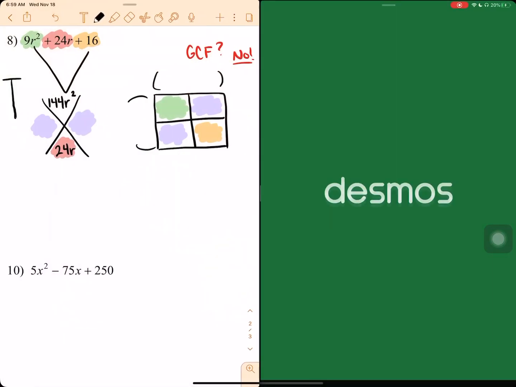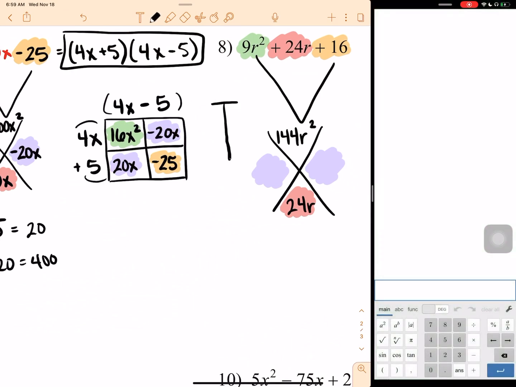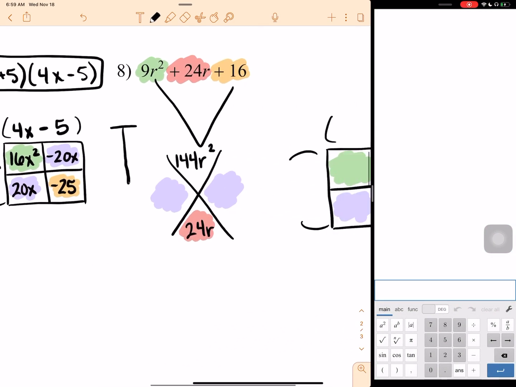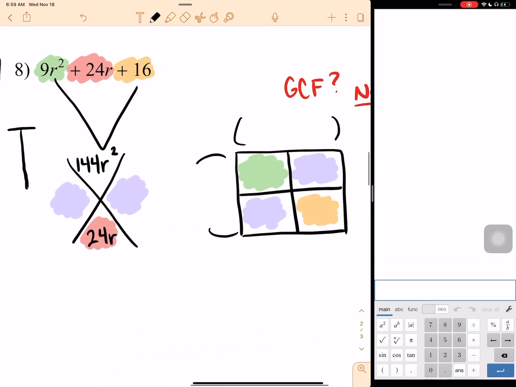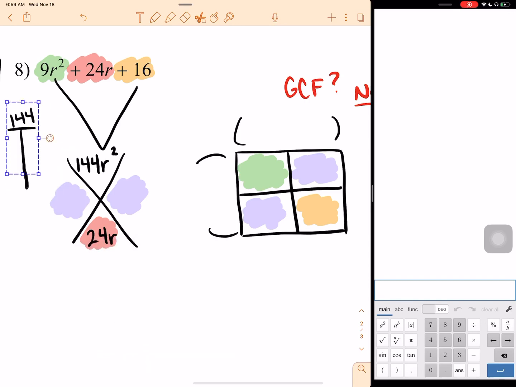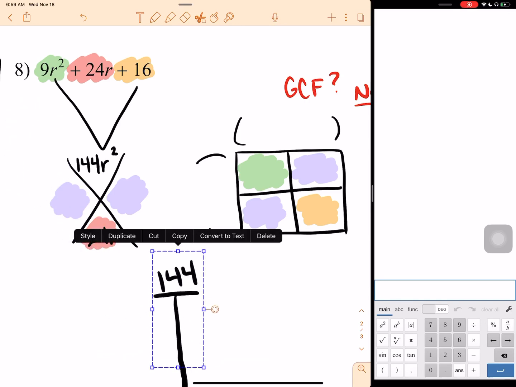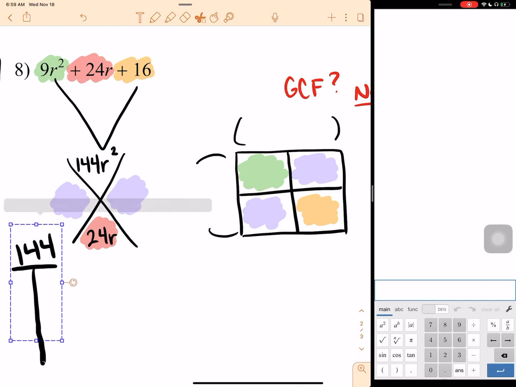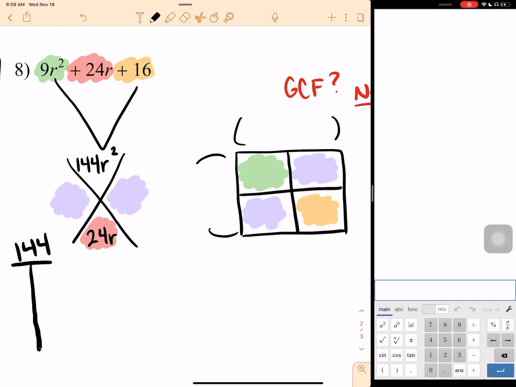So if I were to have my little Desmos calculator here, there we go. So my factors of 144, I'll bring it down here and make it a little bit bigger. Hold on, guys. I realize I'm going to need more room than this, just because it is a large number.